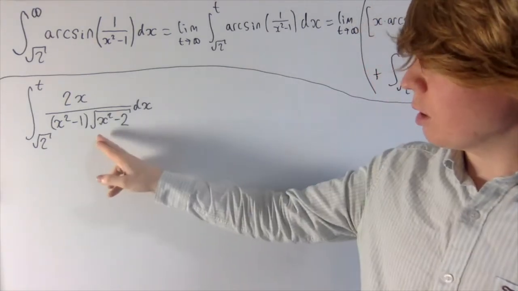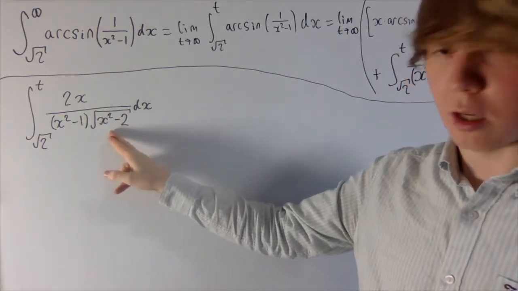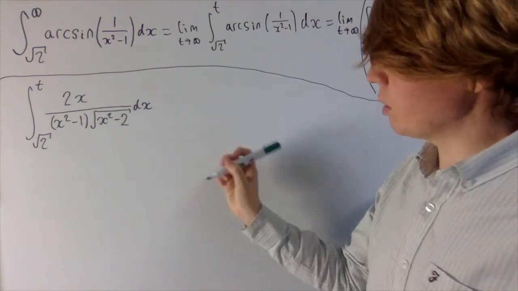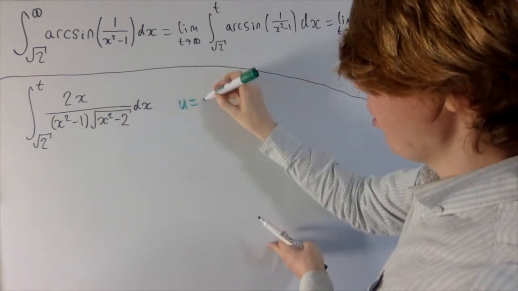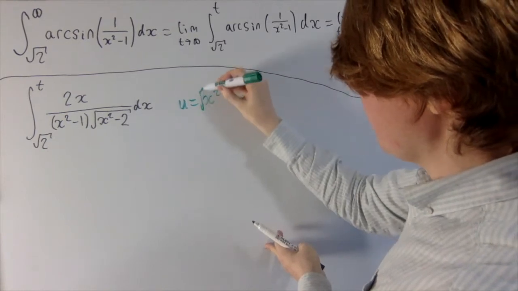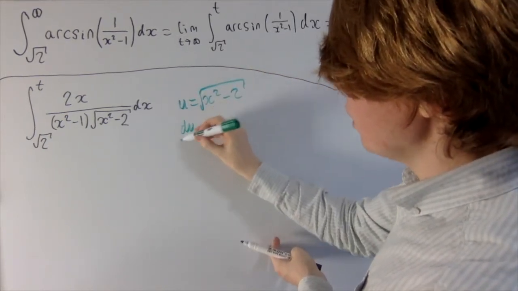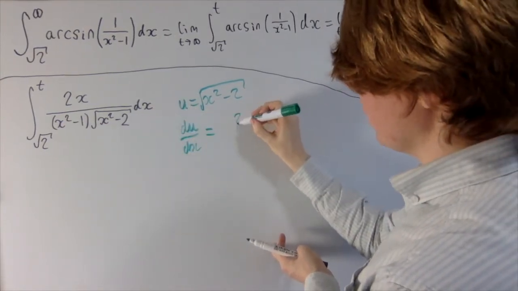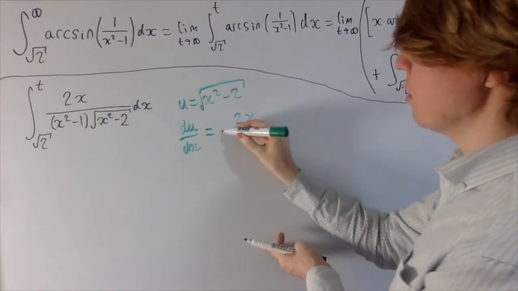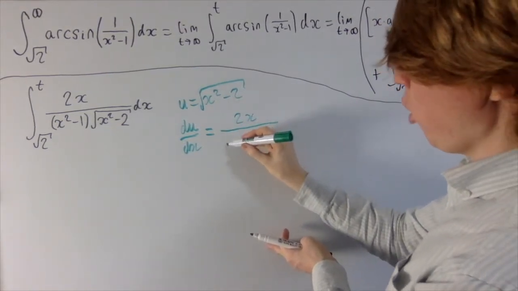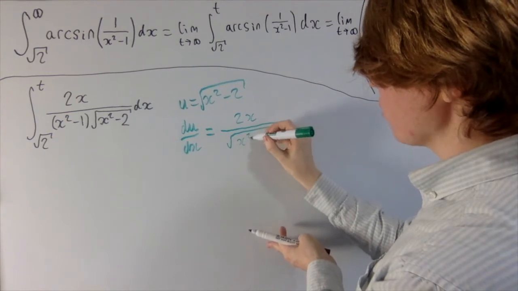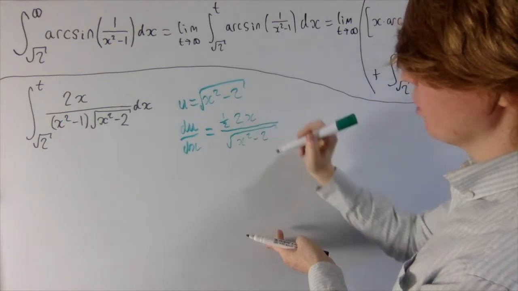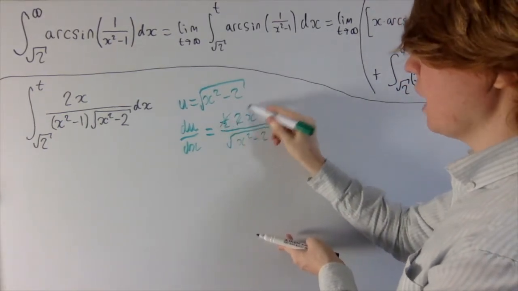And if you look at the square root of x squared minus 2 term here, this is actually quite nice because if you imagine you substitute u equals x squared minus 2 in the square root, then when you differentiate this with respect to x, you'll actually get a 2x term on top from differentiating the x squared using the chain rule, and then you'll get on the bottom root x squared minus 2. And of course you've got to multiply by half, which is your power of x squared minus 2 there. So this will cancel with this.